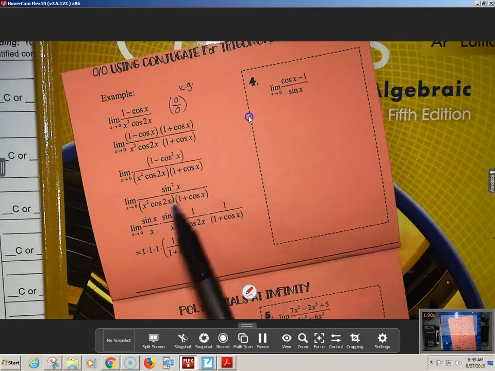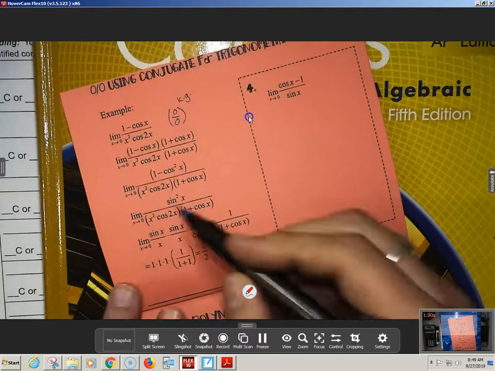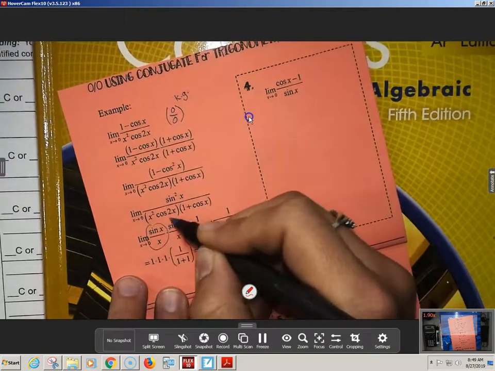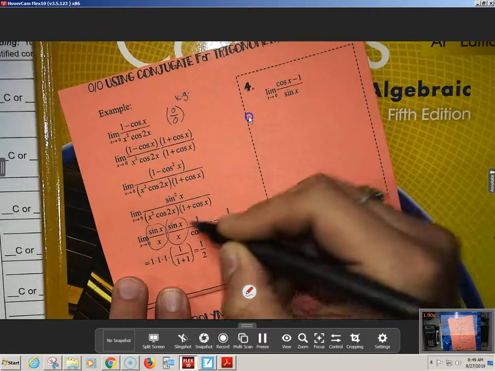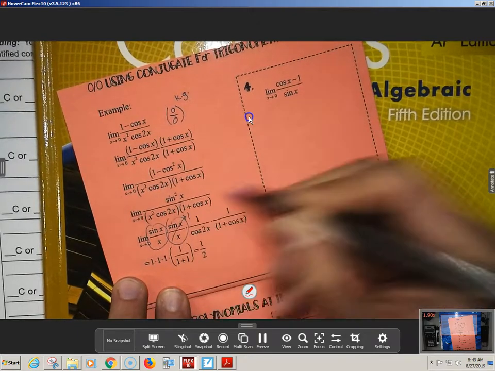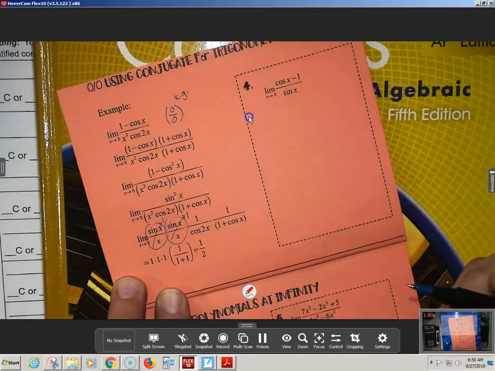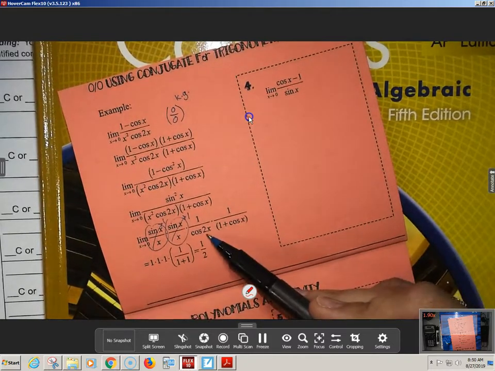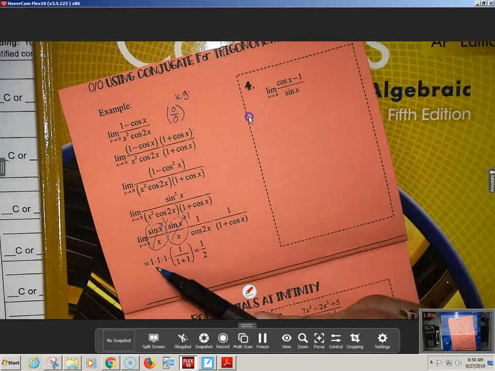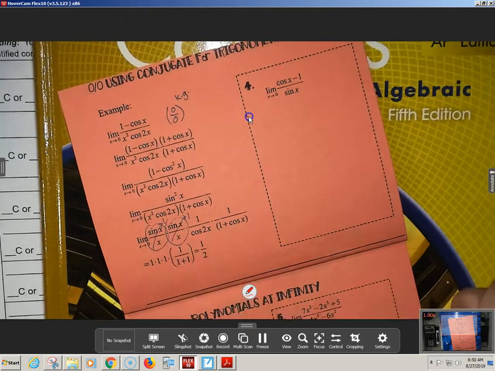Then they separate the sines and they separate the x's, so you can separate the multiplication to see some of those special trig properties. Once they got here, this was able to become 1 because of the special trig limit. And then all of a sudden, these weren't over 0. These were actual values, so they were able to finish the problem.